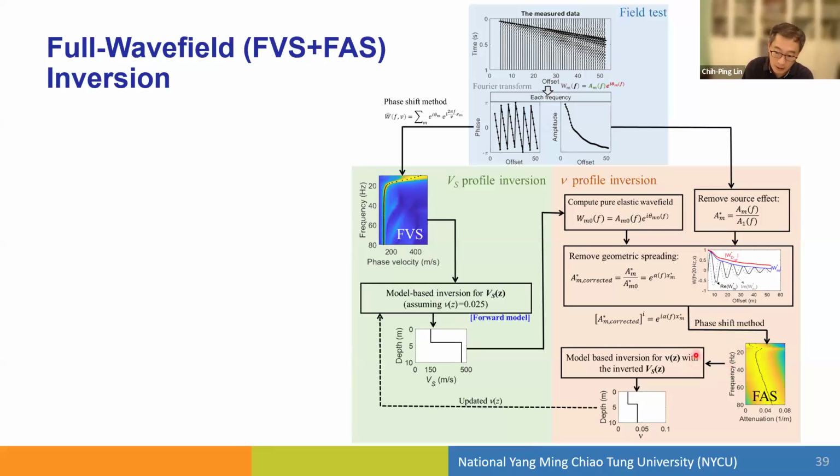Then we use the inverted damping ratio to perform the FVS inversion again. By doing this iteratively, we can perform an almost ideal full wave field inversion. Okay, so the final topic.